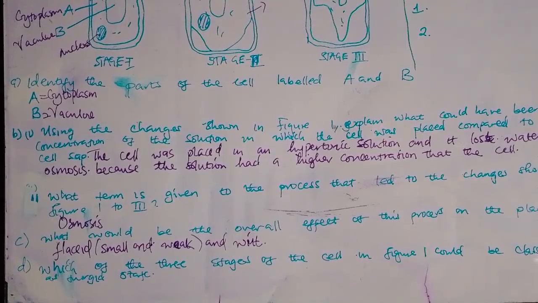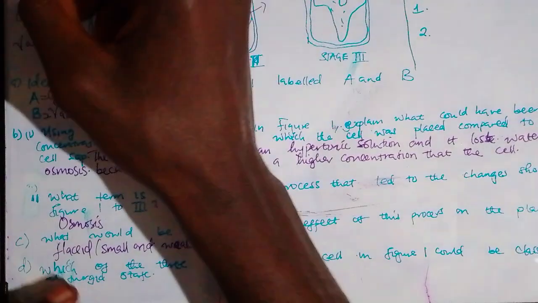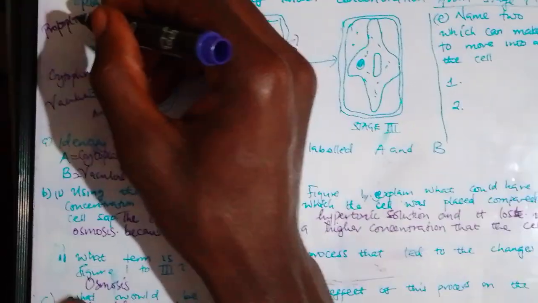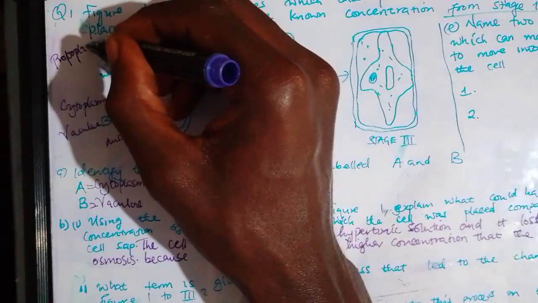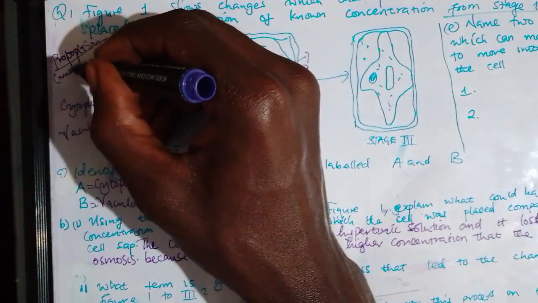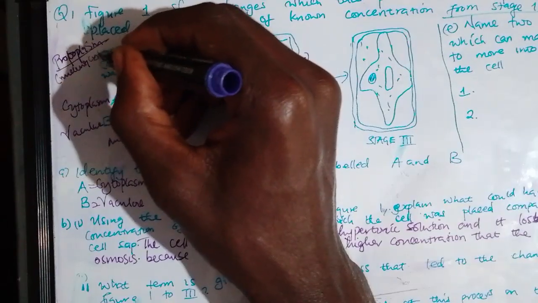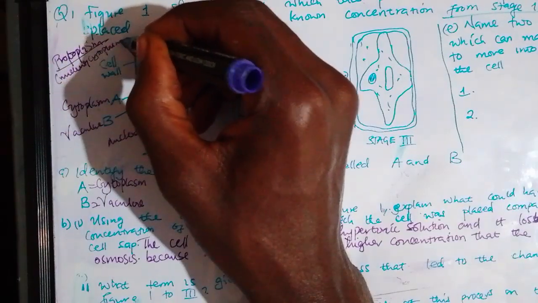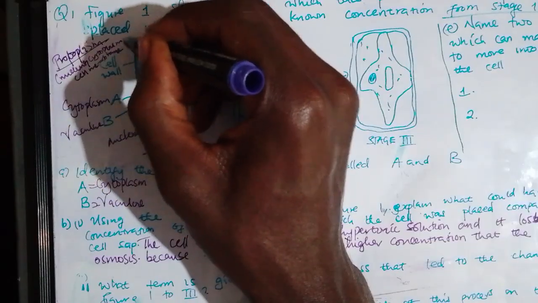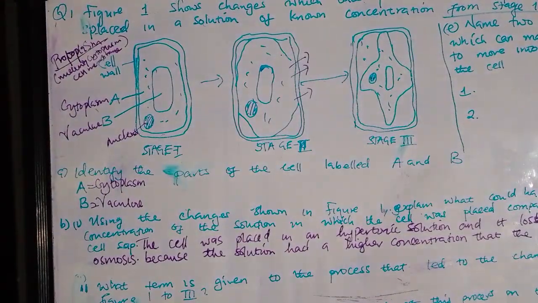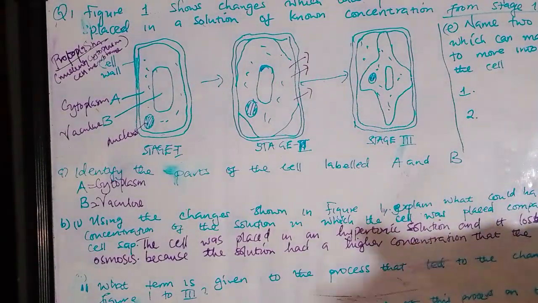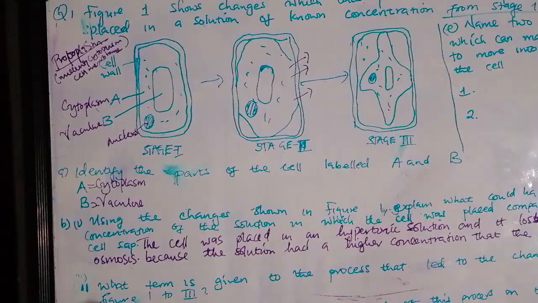What is the protoplasm? Remember I told you that the protoplasm contains three things: the nucleus, the cytoplasm, and the cell membrane. So when we say the protoplasm is pressed against the cell wall, we are saying that the cell membrane is attached to the cell wall.